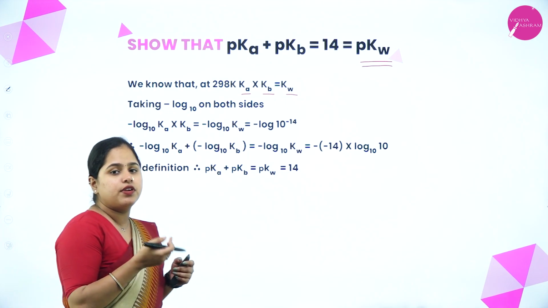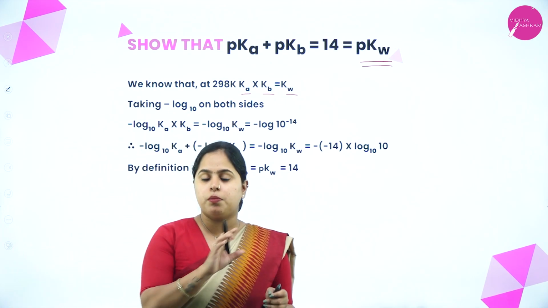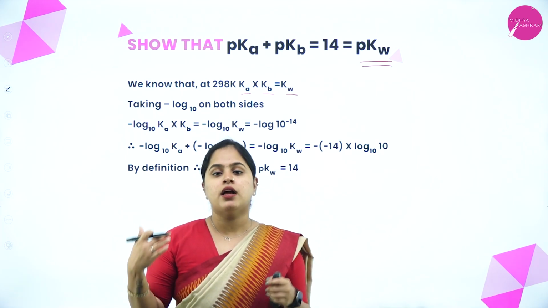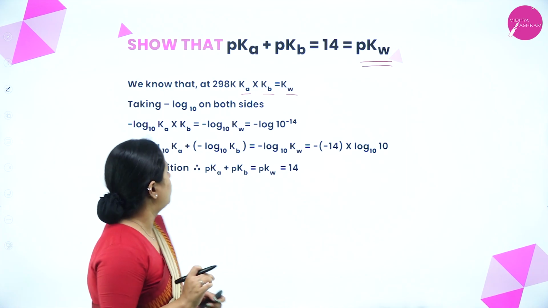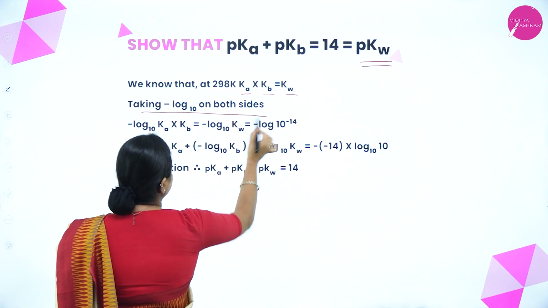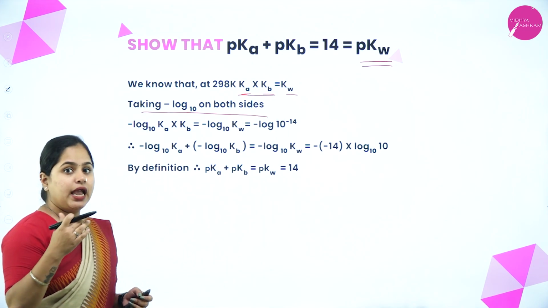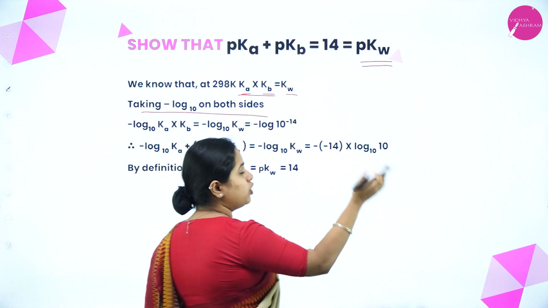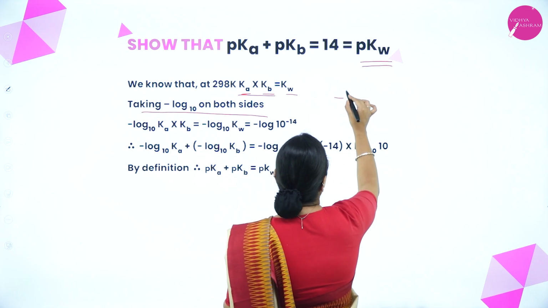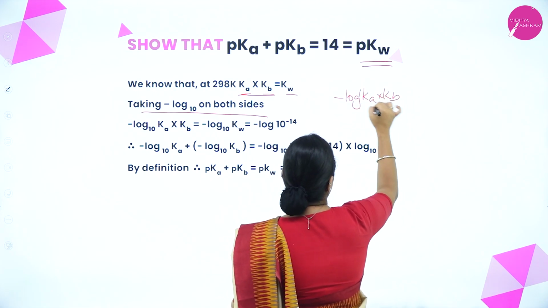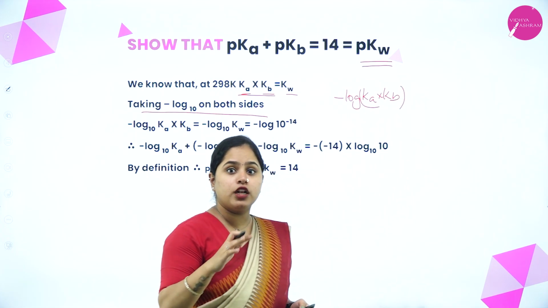So again, as we have done in the previous equation, we are going to multiply the whole equation, on the reactant side as well as the product side, by minus log base 10. So taking minus log base 10 on both sides. In this format also, it is A into B, right? So minus log of Ka into Kb is again in the format log AB.